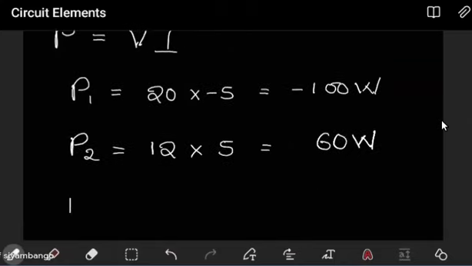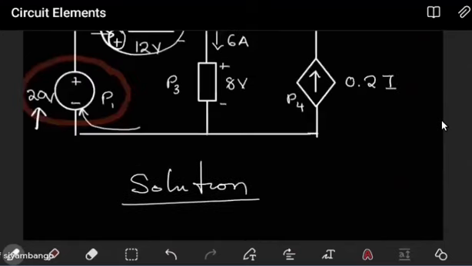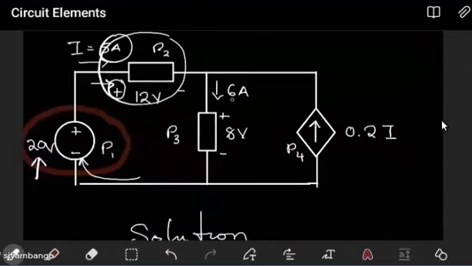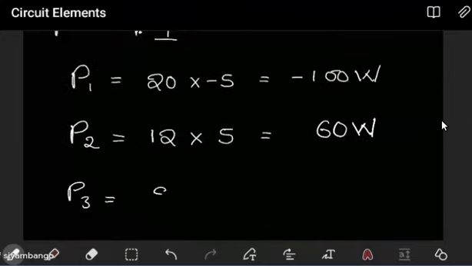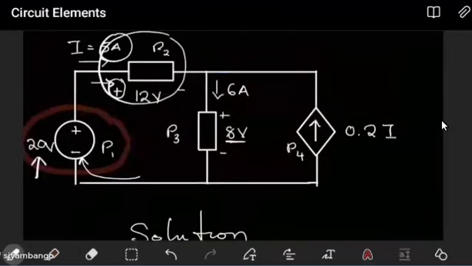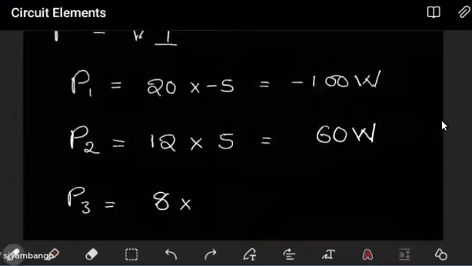P3. Where's P3? P3 is down here. Again, the voltage drop across P3 is 8 volts. So we're dropping 8 volts there. The current finds positive first, so we have a plus.